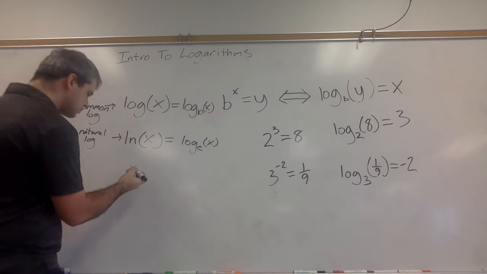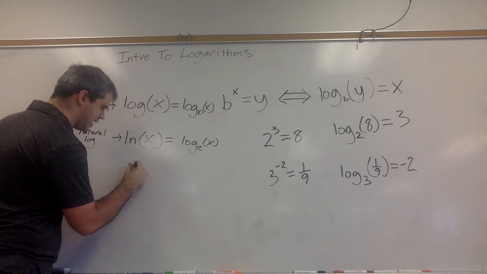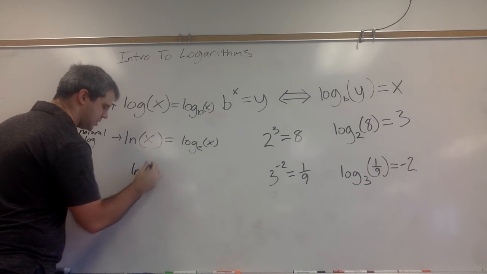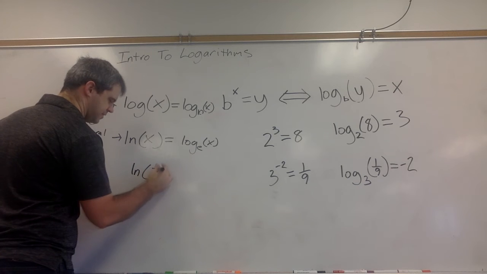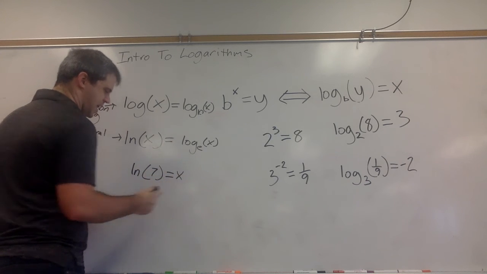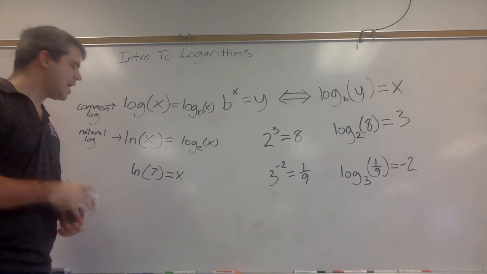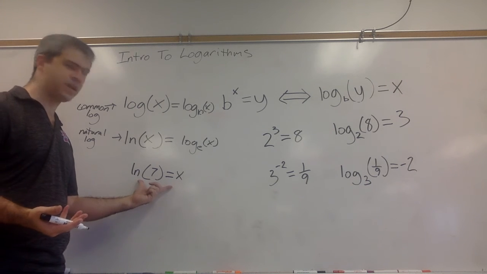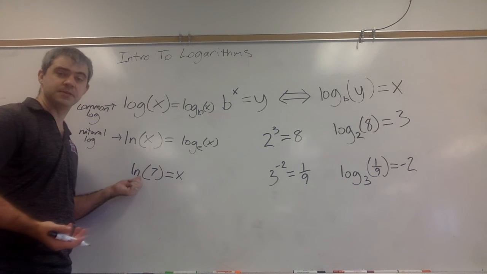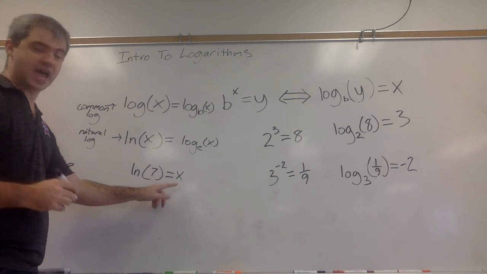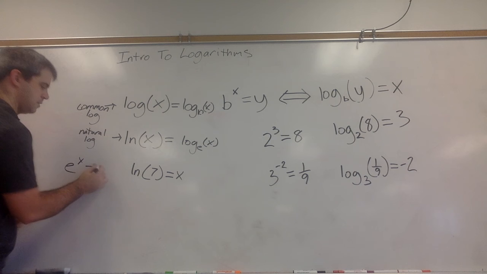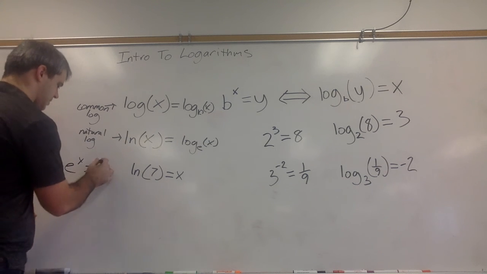So, for example, let's say that you see natural log of 7 equals x. Well, how could I rewrite this as an exponential? Well, what's my base? My base is e. My exponent is x. And my result is 7.